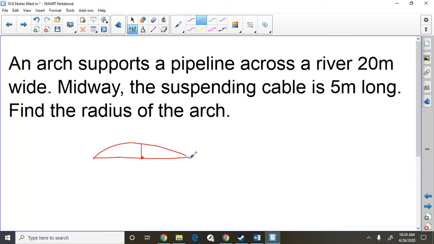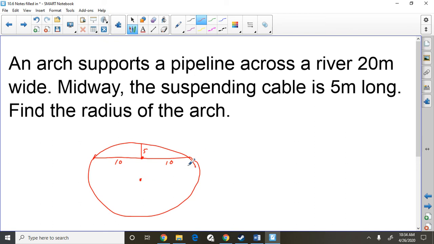That arch is part of an arc, excuse my drawing, and so it's part of a circle. That's pretty poor drawing. So this suspending cable is 5 meters long. The whole pipeline was 20 meters, which means it's 10 meters on each side. What we need to do is find the radius of the arch, which is the distance from the center of the circle that contains that arc to the edge of the circle.